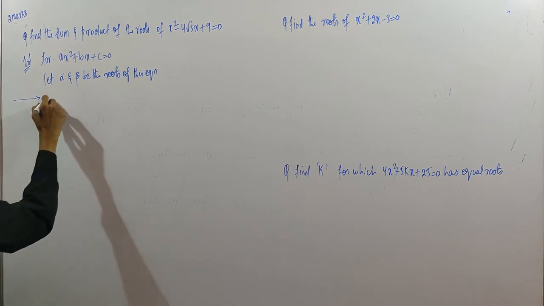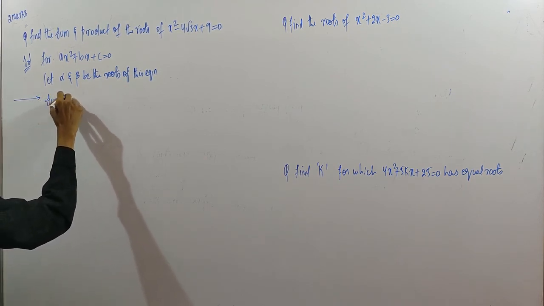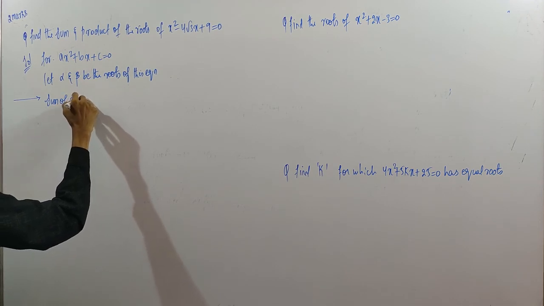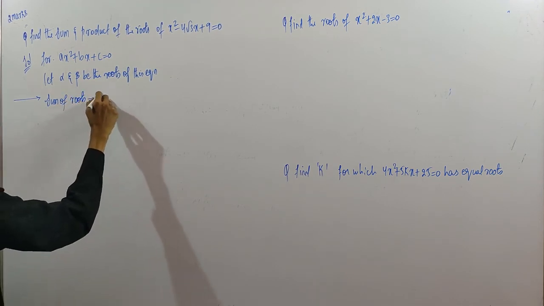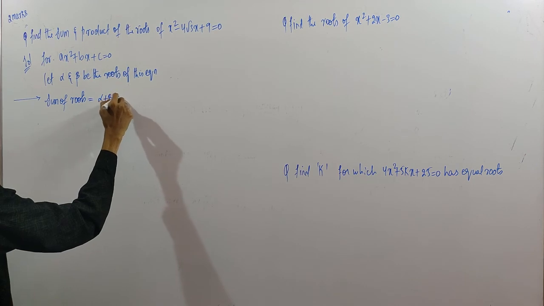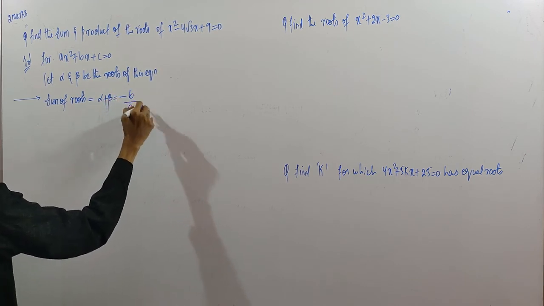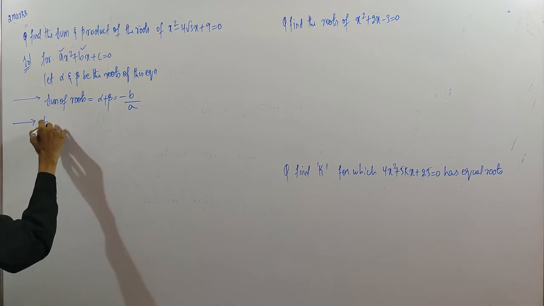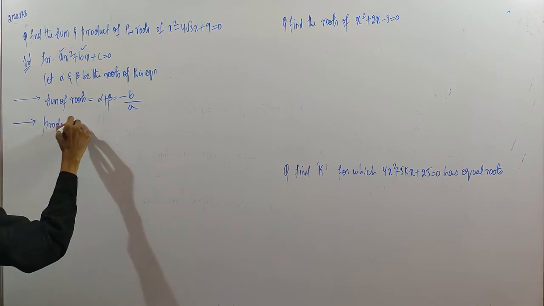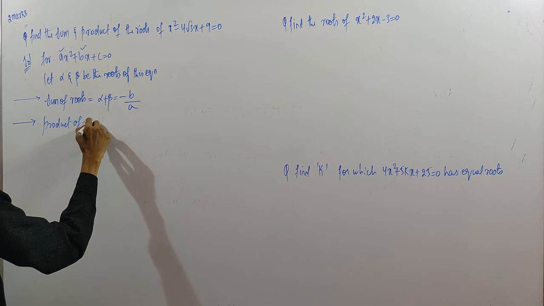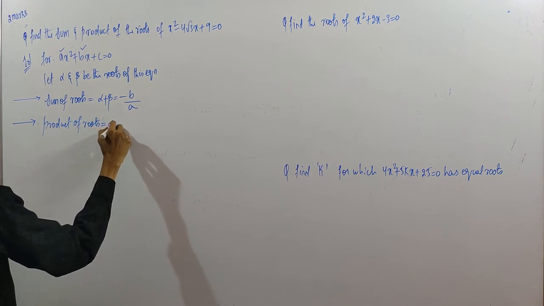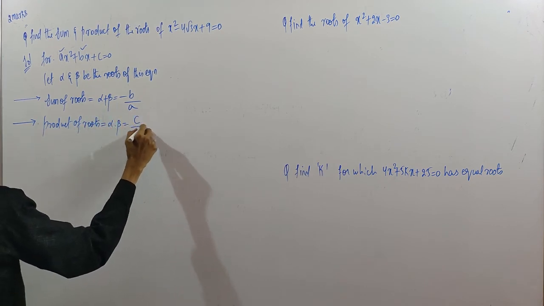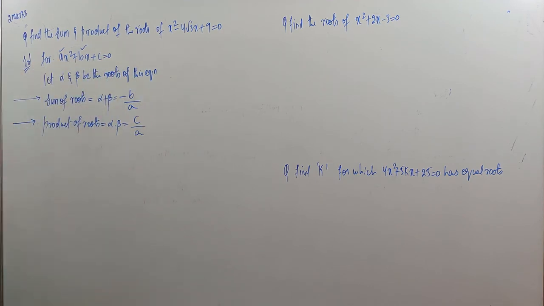Now we have first conclusion, sum of the roots. Sum of the roots is alpha plus beta, value is minus b by a. Similarly, we have product of the roots, that is alpha into beta. Here we have c by a.